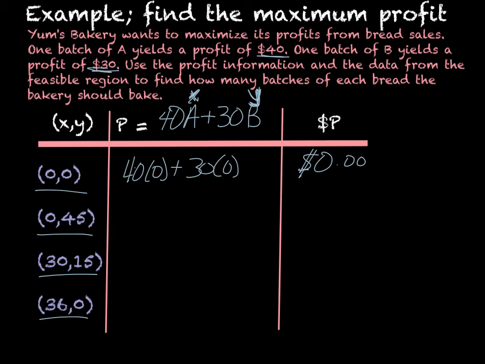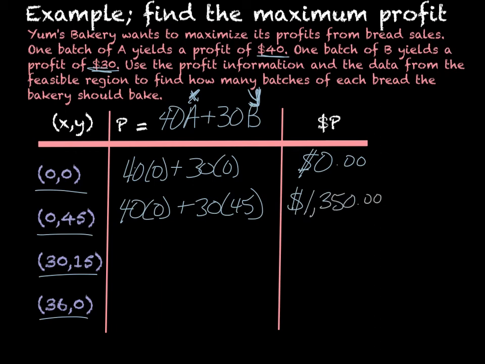The next one, 40 times 0 again, plus 30 times 45, and then 40 times 0 is 0, so the 30 times the 45 is going to give us $1,350. Okay, so clearly that is the most so far.